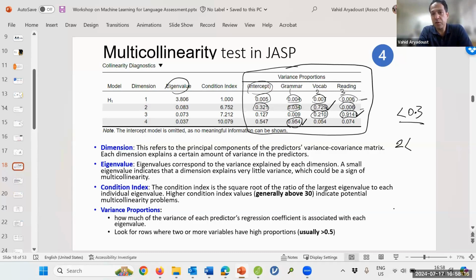So in this scenario, this portion of the table tells us that we're probably looking at a case where there's no multicollinearity. In addition, add this to the results of the correlation analysis, which we just looked at. So these two provide sufficient, strong evidence that the data is not multicollinear.